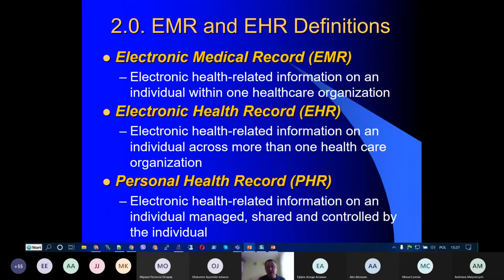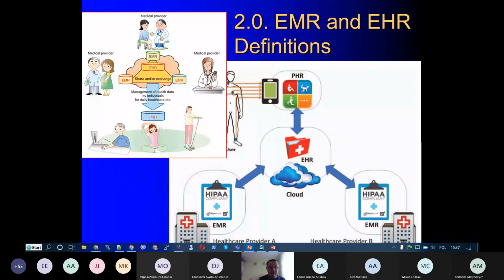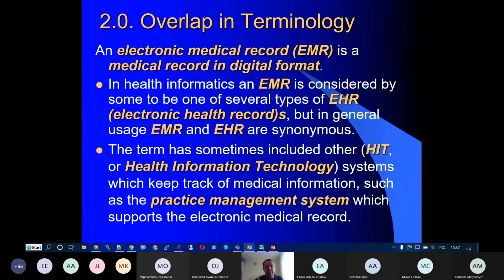So it is information shared and controlled, managed by an individual. So we have three key kinds of electronic medical records: electronic medical records per facility, aggregated EHR, and patient-managed personal health records. The main feature is that all three are stored in digital format within a specific information system or application software.